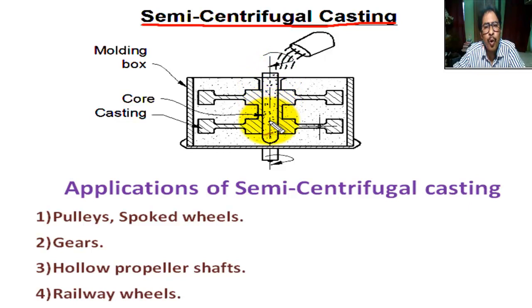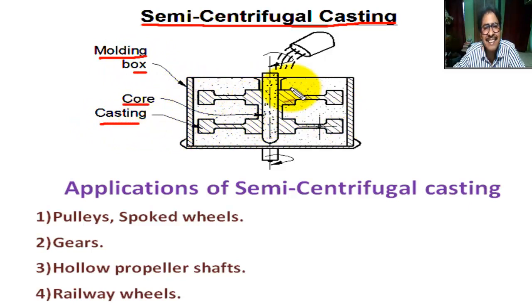If the pulley is hollow, this is the half section of the hub or boss, then we insert a core. This is the core. This is the molding box, and this is the casting.